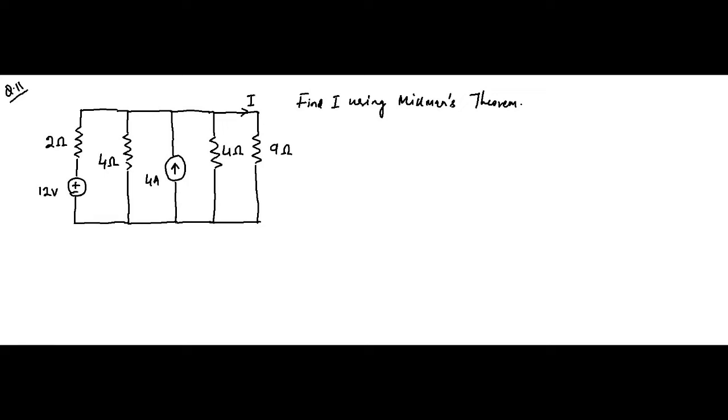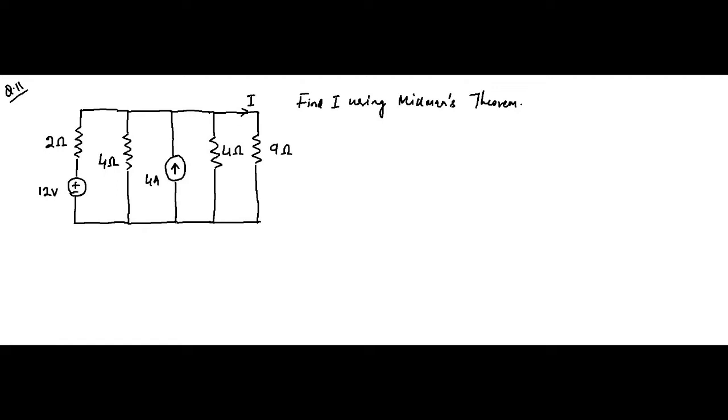So this is the 11th question on Millman's theorem which we will be discussing. This circuit, like the previous one which we have discussed, is a mix of both kinds of arrangement, parallel voltage sources and parallel current sources.